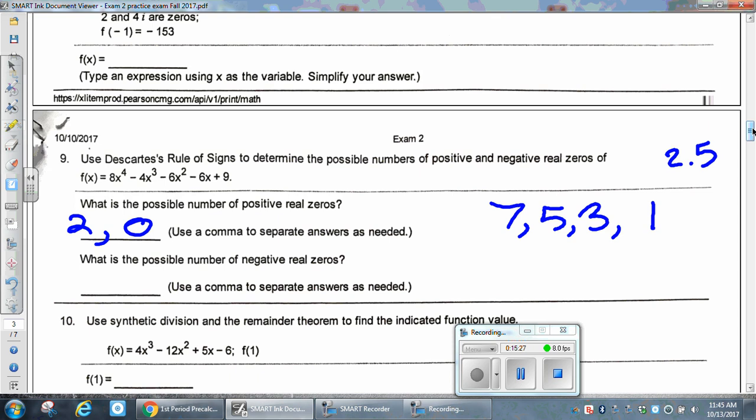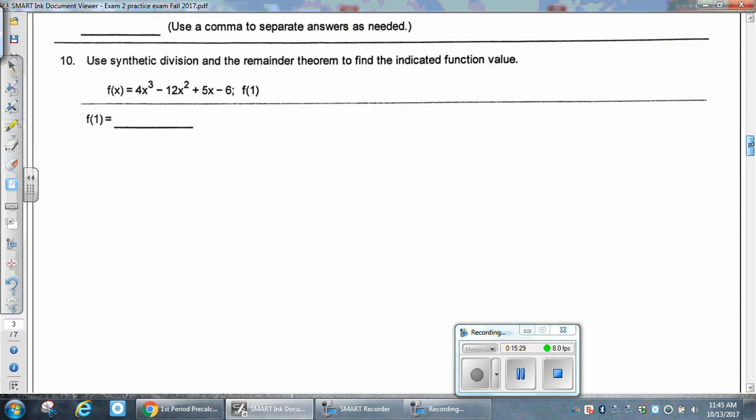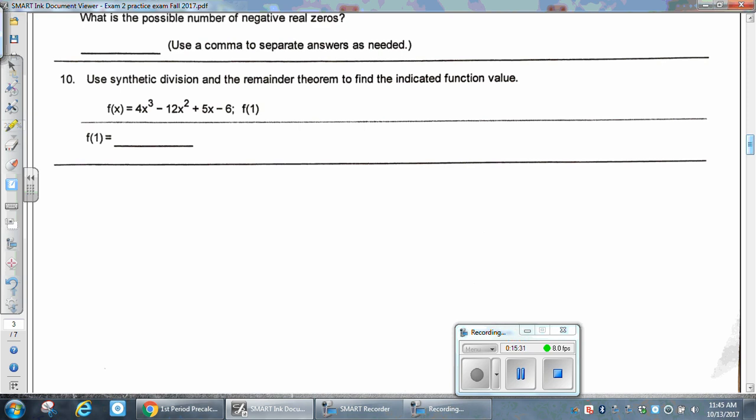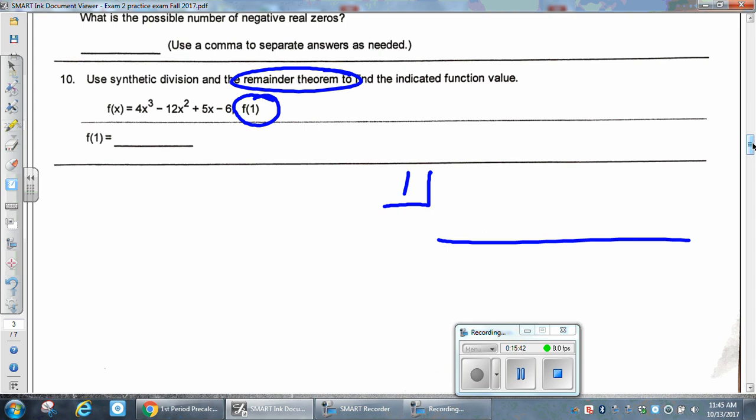Next, the last one, you're doing synthetic division to find the function value by using the remainder theorem. So what number should you put in the box? If the question is f of 1, you put a 1. Then you put your coefficients: 4, -12, 5, -6, and whatever you get for the remainder, that should be the function value.